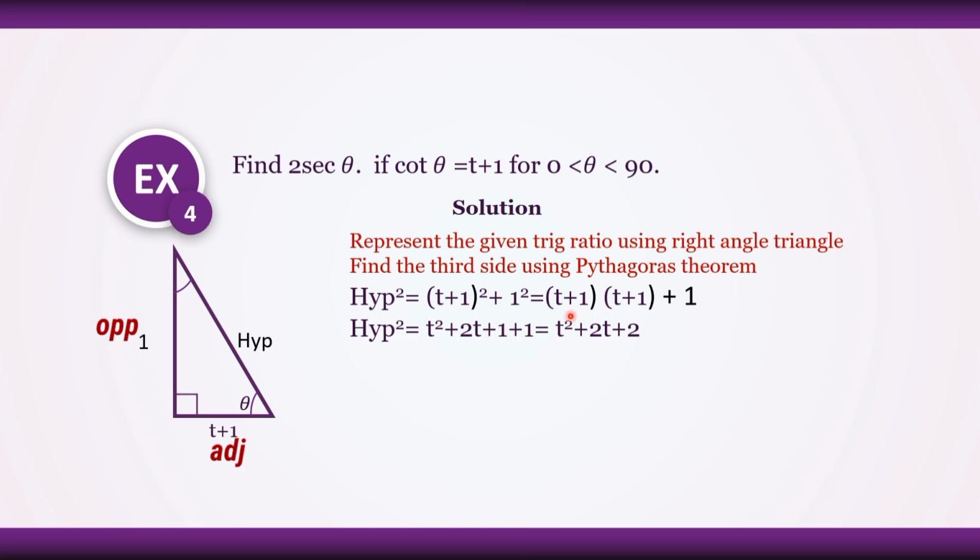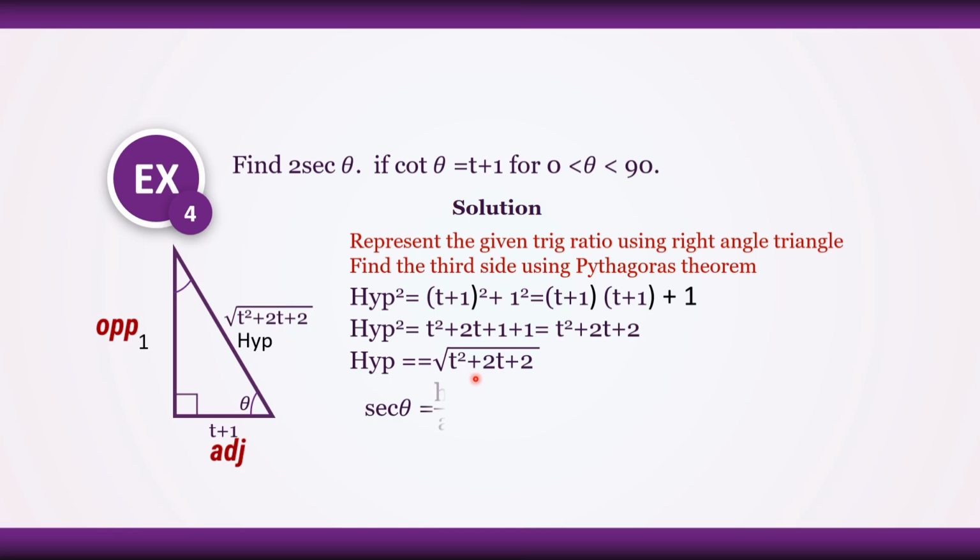Then 1 multiplied by 1, we have 1, so we have t squared plus 2t plus 1 plus 1. And what is 1 plus 1? We have 2, so the expansion of this will be t squared plus 2t plus 2. Now this is our hypotenuse squared, so the hypotenuse will be the square root of t squared plus 2t plus 2.